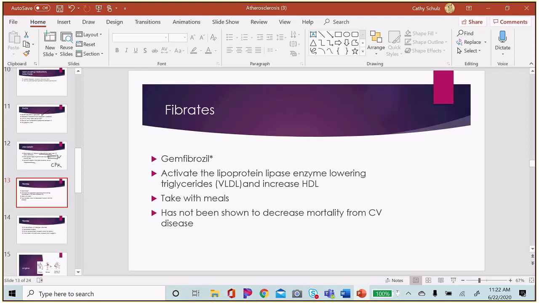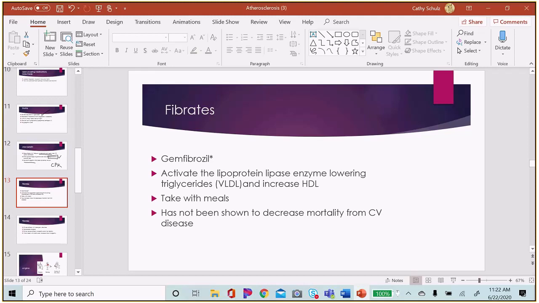If the patient's main problem is an elevation in triglycerides, or they are unable to take a statin because of liver problems, or maybe they are allergic to it, or some other reason, you could use gemfibrozil, a medication from the other family, the fibrates, that change the activity of the lipoprotein lipase enzyme.